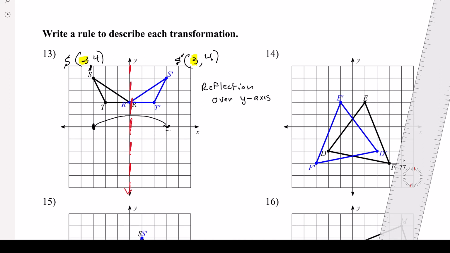It's the x's that are changing. The heights are the same. So reflecting over the y-axis, the rule is the x's. So we multiplied. So the rule I guess would be this: -x, y.